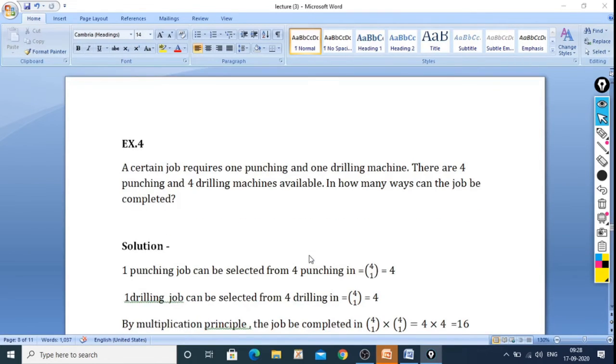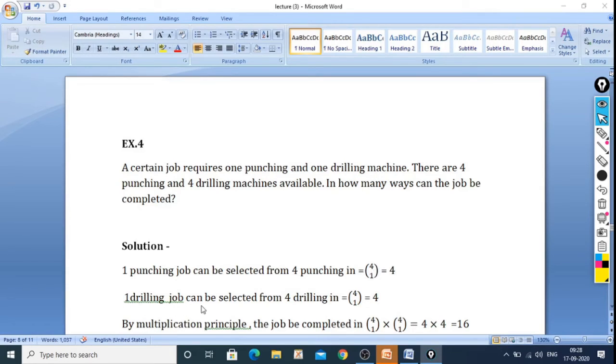Next example. A certain job requires 1 punching and 1 drilling machine. There are 4 punching and 4 drilling machines available. In how many ways can the job be completed? Now we require punching as well as drilling also. So there are 4 punching, so 1 punching job can be selected from 4 punching in 4C1, that is equal to 4 ways.